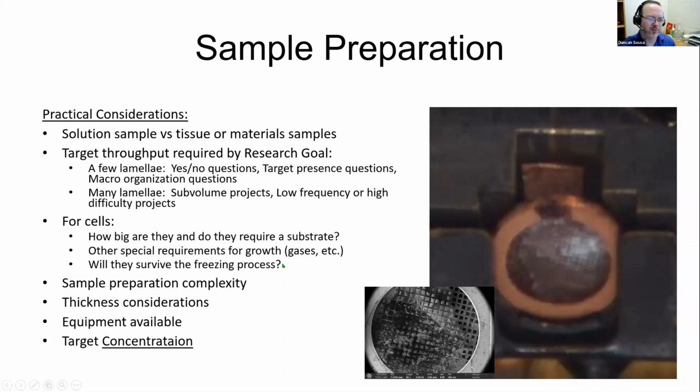So how am I going to get a millimeter cube of tissue or material into, say, for instance, a high pressure freezer when I need to cut it down to 20 to 30 microns? Now that's not too thick, and not too thin, so it's not a huge problem, but it's also not super easy. The next part is sample preparation complexity. So how much complexity do I have to go through before I can actually get it into my freezing situation of choice?